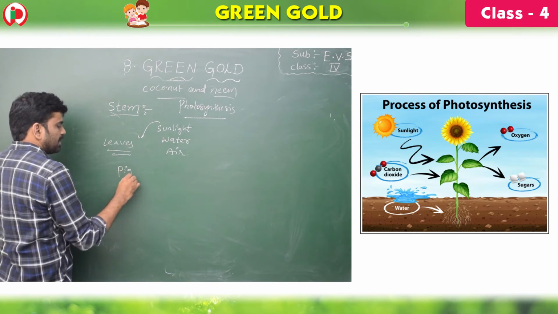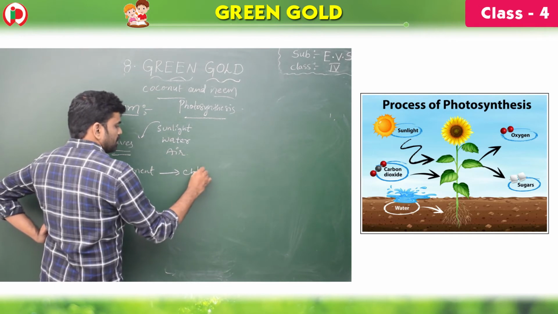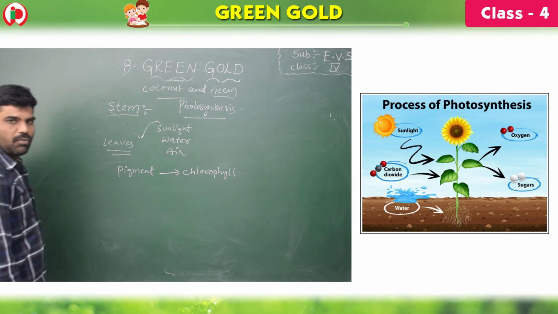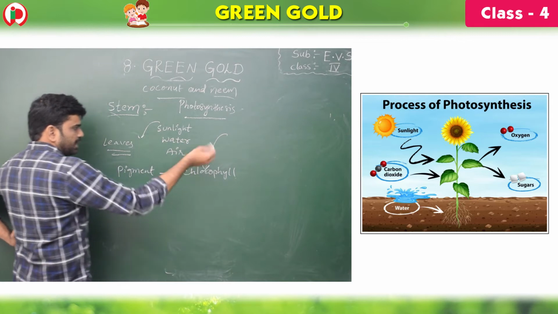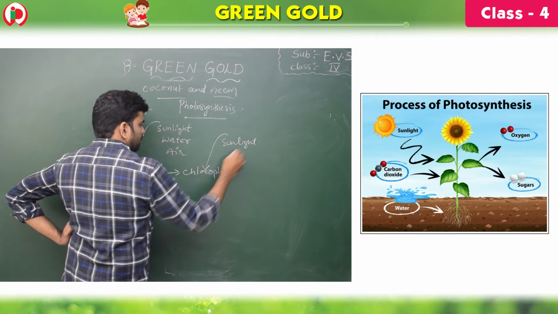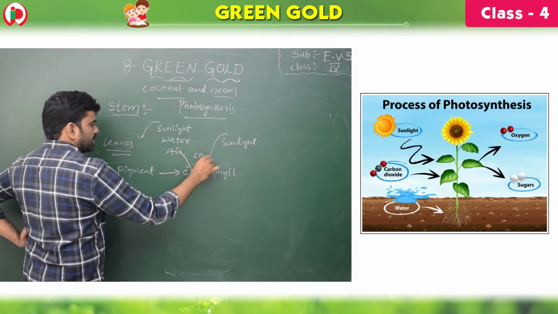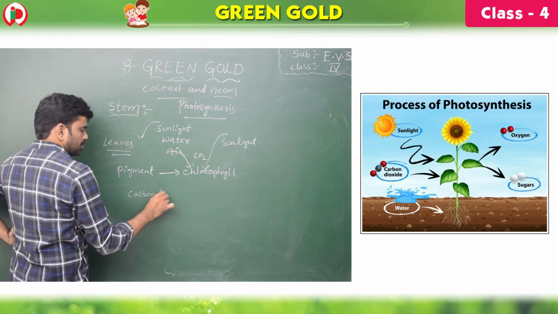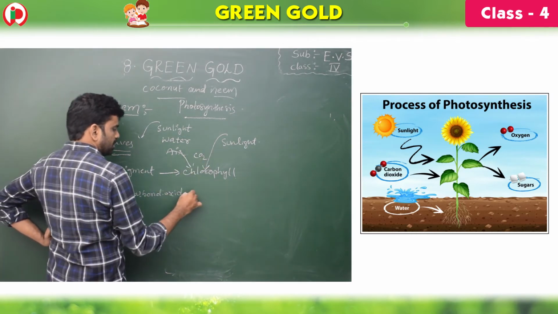A pigment is a color imparting substance, called chlorophyll. What does this pigment do? It takes the sunlight, and from air it takes carbon dioxide, and next water.